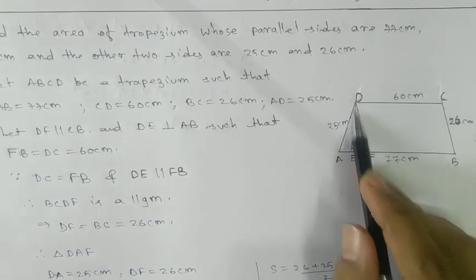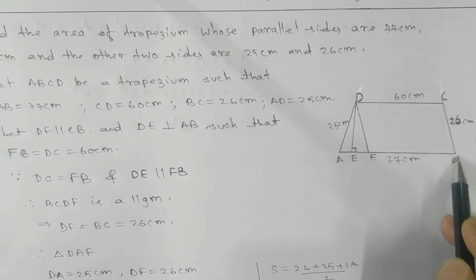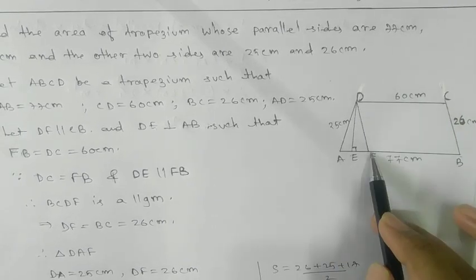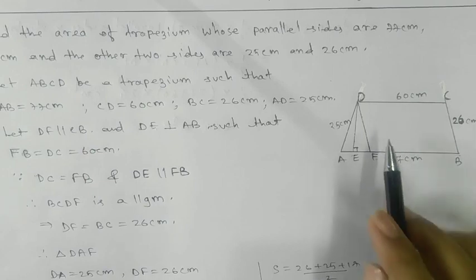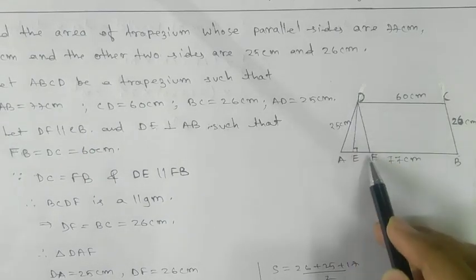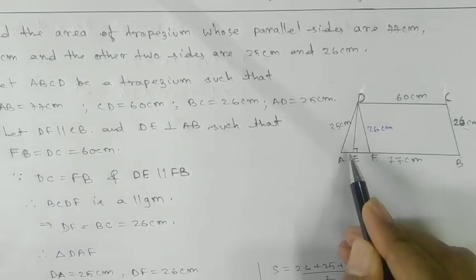Okay, and we'll take here DE perpendicular to AB, and after that we'll see that your BCDF is a parallelogram. If it is a parallelogram, then we can say that DF equals to BC equals to 26 centimeter.